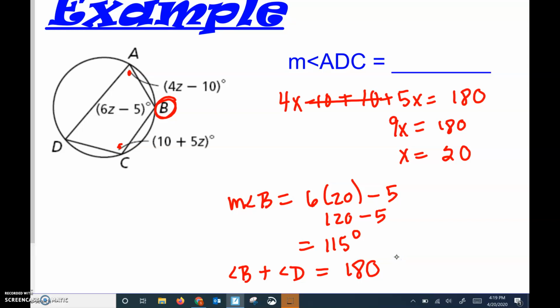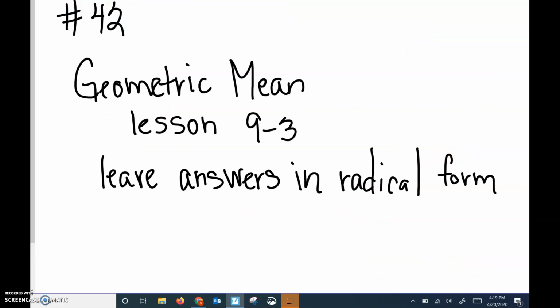So take 180 and subtract that 115, and I am left with 65 degrees for angle D. So angle ADC is going to be 65 degrees. The two main concepts we're going over are inscribed polygons, where opposite angles are supplementary, and inscribed angles, where the inscribed angle is half the measure of the intercepted arc.